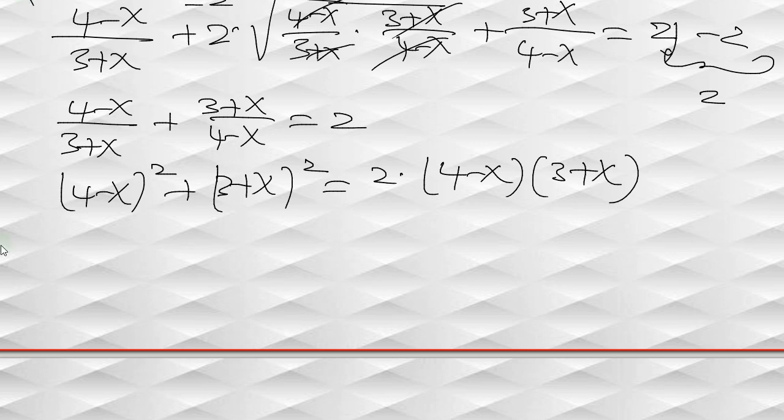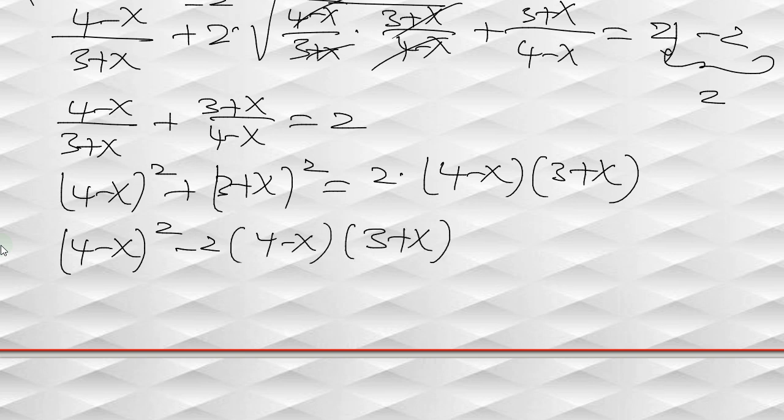I'm going to bring this one to this side: 4 minus x, which multiplies 3 plus x, and then plus (3 plus x) squared, and then this is 0.